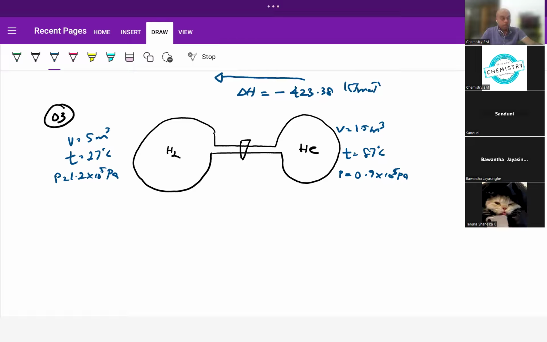And the temperature was set to 47 degrees Celsius. Find the total pressure of the system.